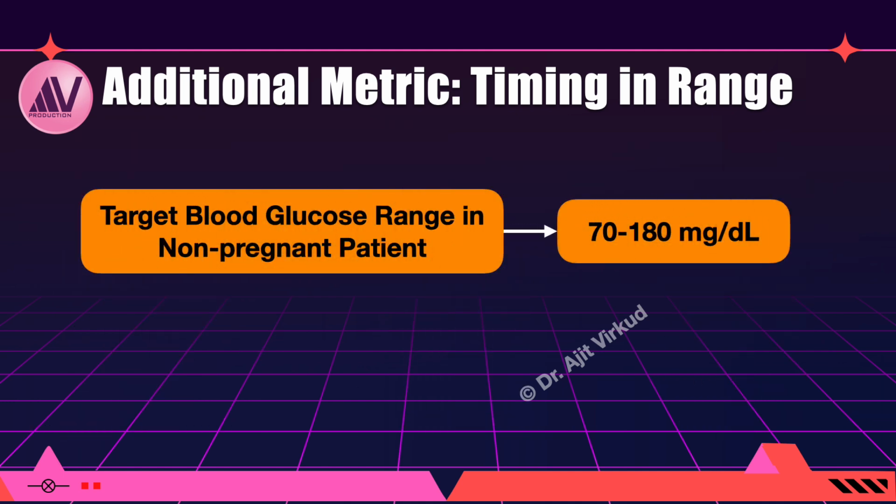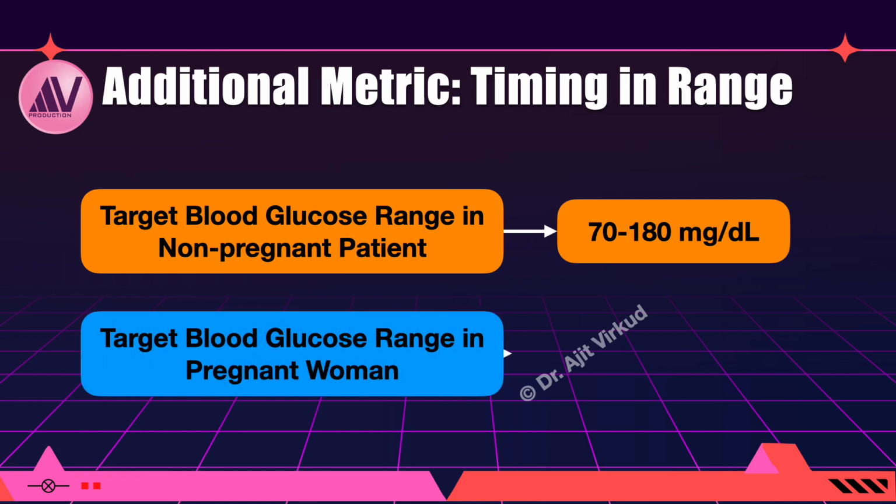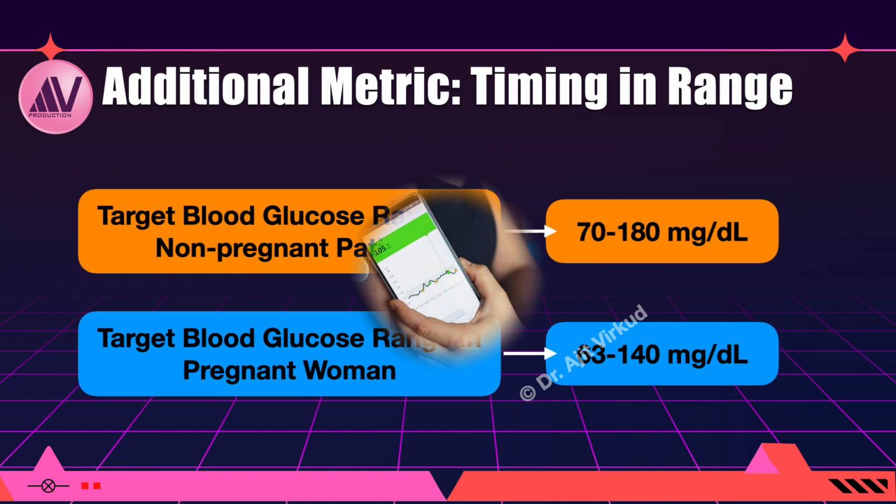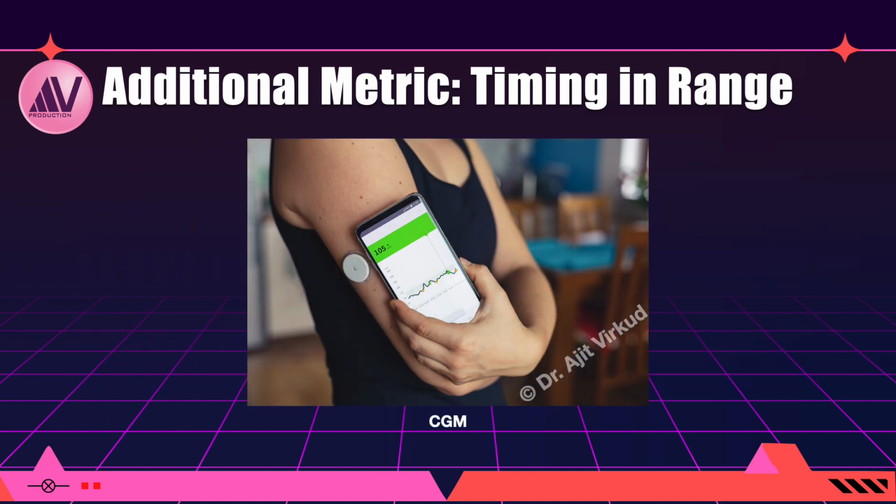For non pregnant male and female patients, the target range is defined as 70 to 180 milligrams per cent, but for pregnant women where tight glycemic control is necessary, the target range is 63 to 140 milligrams per cent. With advances in technology, it is now possible to calculate this target range using continuous glucose monitoring devices, also known as CGM devices, which is shown here.